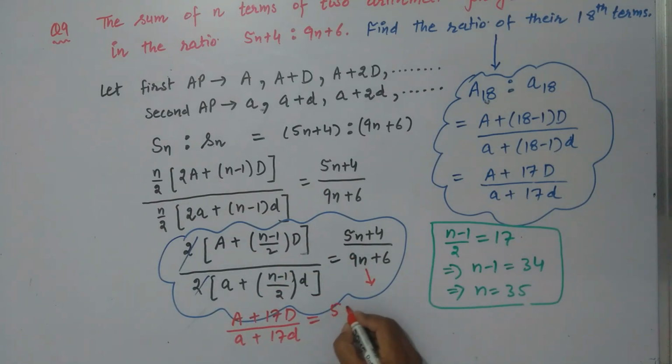5 into 35 plus 4 divided by 9 into 35 plus 6.